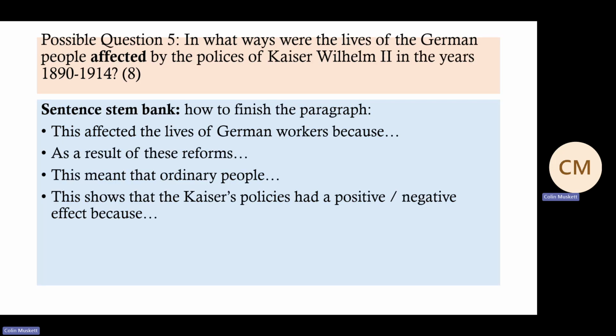So that's what you're going to have a go at over the next 5 minutes. You've got your point, you've got the evidence about the social reforms. You've got your textbooks, I'll quickly give those out in a second. How did people's lives change, or how were they affected by the social reforms that the Kaiser introduced? Okay, 5 minutes. See if we can do that.